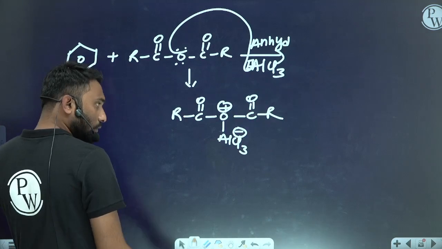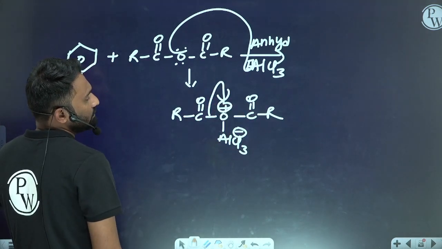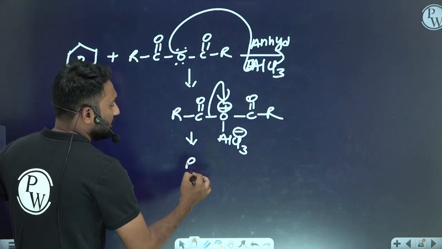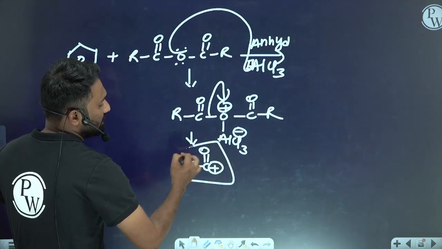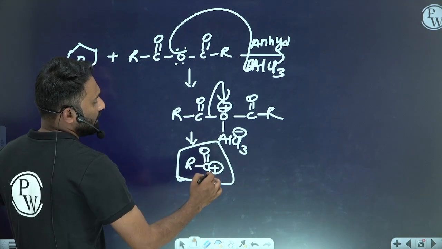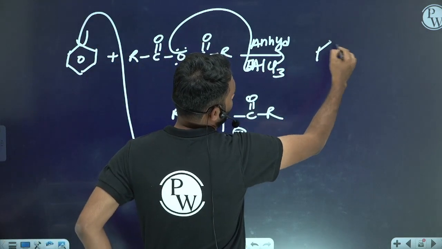Clear? Now the positive charge on oxygen is unstable, it will pull the bond pair of electrons towards itself and we are getting the acylium ion. The acylium ion is the electrophile, and it attacks the benzene. Again we will get the same product.